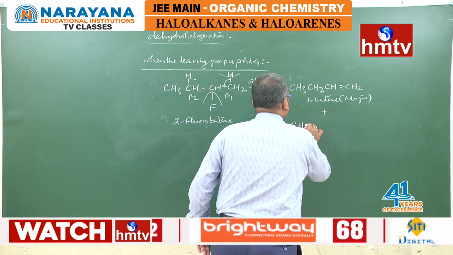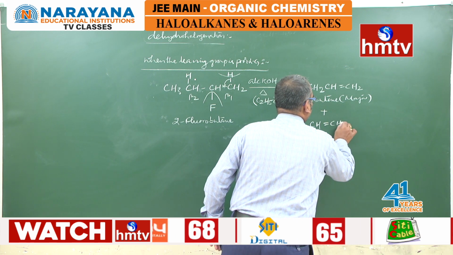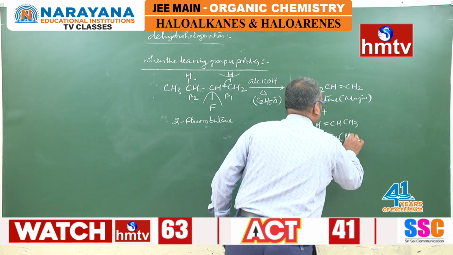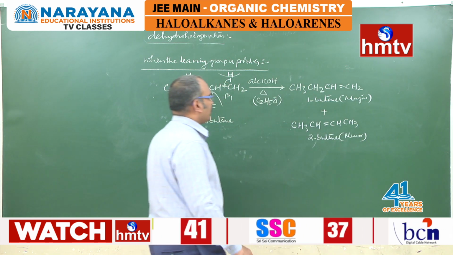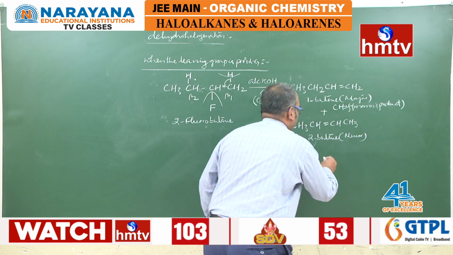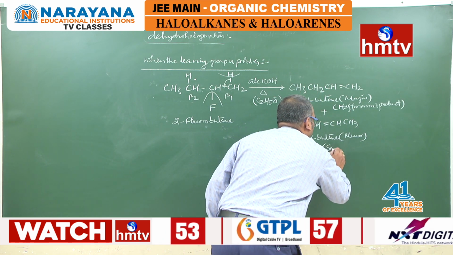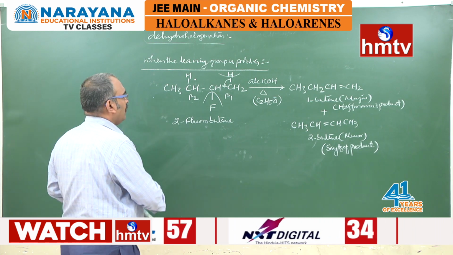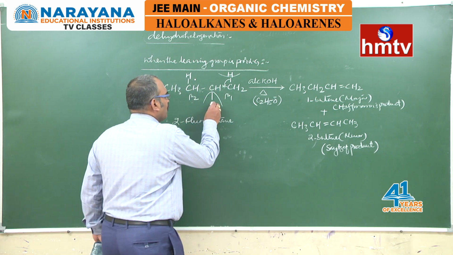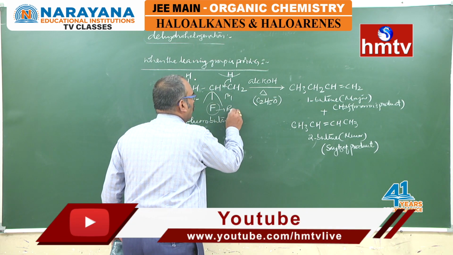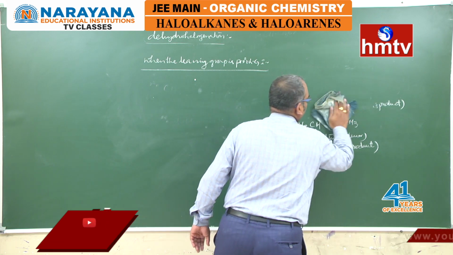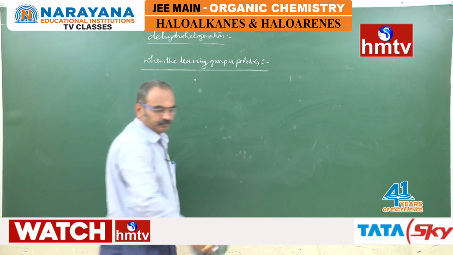Then CH3, CH double bond CH, CH3, 2-butene, this is the minor product, this is Saytzeff product. Now this is one of the instances where Hofmann's product is formed as the major product, because fluorine is a poor leaving group. Now I will give you one more example for Hofmann's product, that is when a bulky base is used.